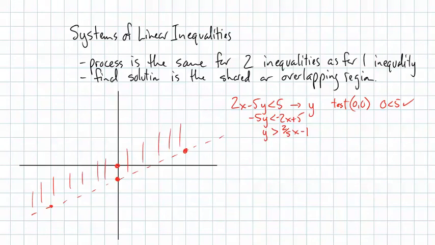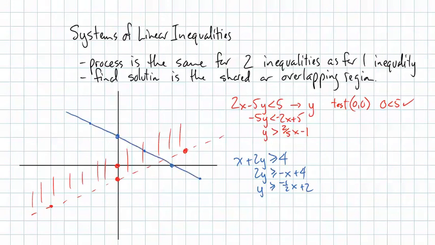Now, if I add a second inequality, like x + 2y ≥ 4, or 2y ≥ -x + 4, or y ≥ -1/2 x + 2, a y-intercept of 2, a slope of -1/2, and this has equality, so I will be making a solid line through these points.